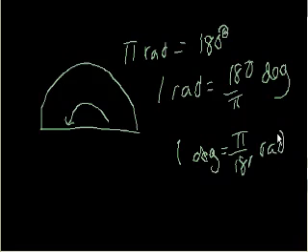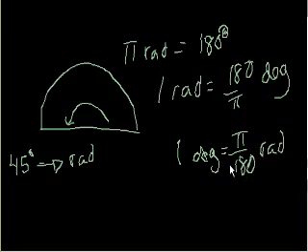So let's do a couple of problems where you'll get the intuition for this. If I asked you to convert 45 degrees into radians, well, we know that 1 degree is pi over 180 radians, right?